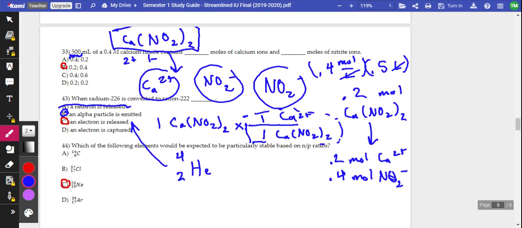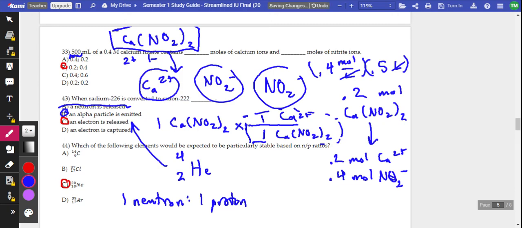Below 40, we have a pretty good ratio of if we have this many protons, we have this many neutrons. So we should have about a ratio of 1 neutron for every 1 proton.